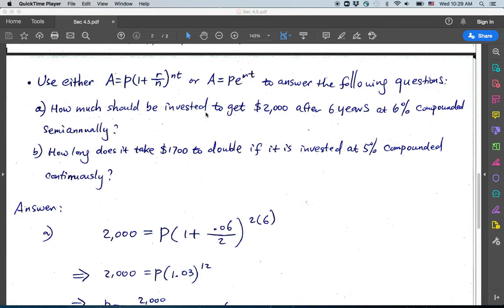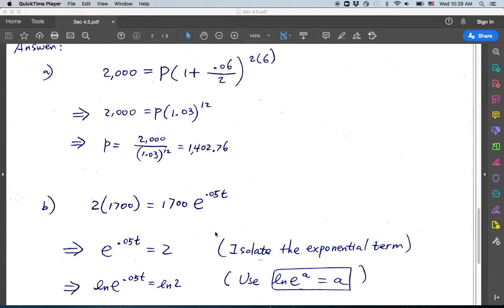Okay. Again, we'll plug the numbers into this formula. That's going to give us this equation. Double the initial investment equals initial investment times e to the power of the annual interest rate times the amount of time it takes for the initial investment to double.